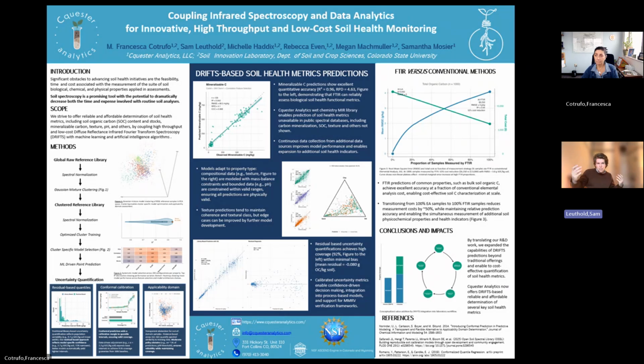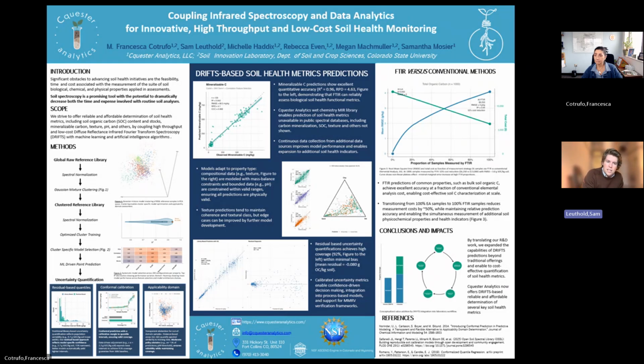I think this is really indicative that MIR can do the physicochemical, but it can step beyond that and capture some signals of these soil health properties that I think we all agree are key to better understanding our agroecological systems. There are additional considerations to make here.